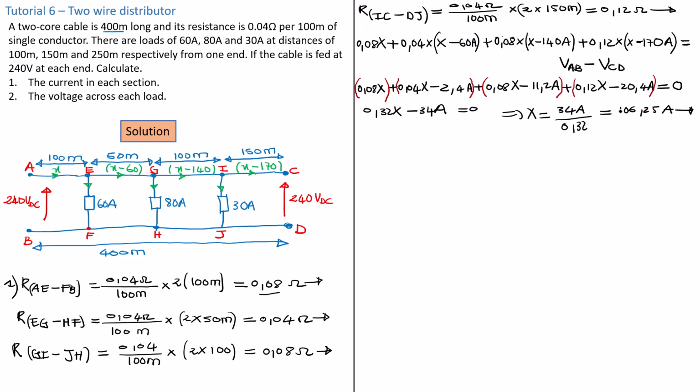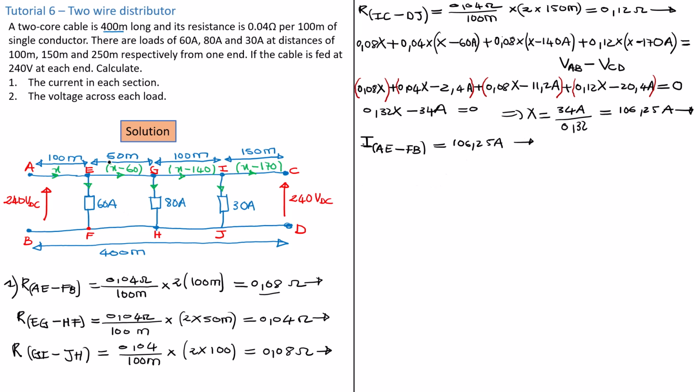Now, since we now find the value of x, now it is very easy for us to deduce the current. Now we know that x is 106.25 amps. So that basically means the current in this section here, which we call I A E to FB, all right? So that current is 106.25 amps.